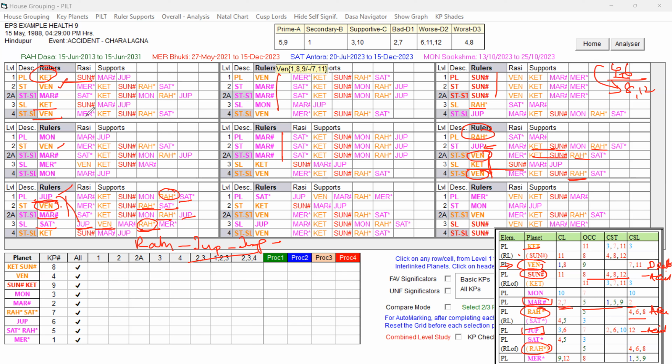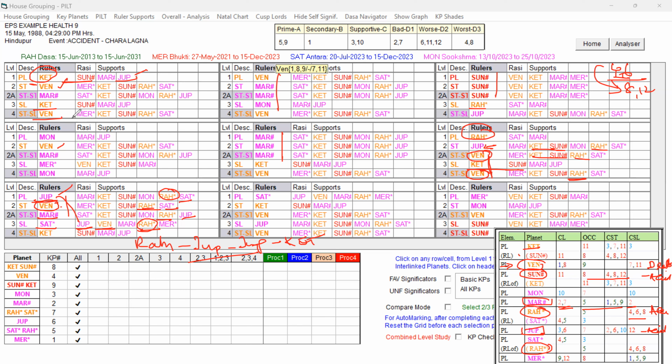So this planet: Jupiter Dasa, Jupiter Bukti, Jupiter Antra, and Ketu Sukshma. Jupiter is also playing a role in the supports of this Ketu. So that favorable key planet, accident causing planet, Jupiter is playing a role for Ketu, representing the Sun, the other accident causing planet, and importantly, the death causing planet is acting as the star lord for Ketu.